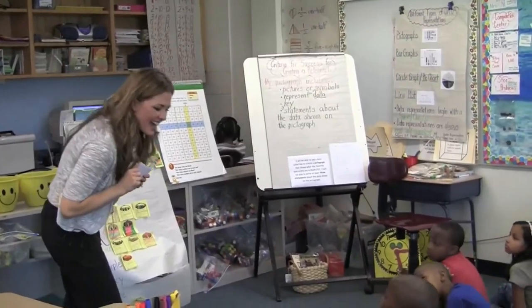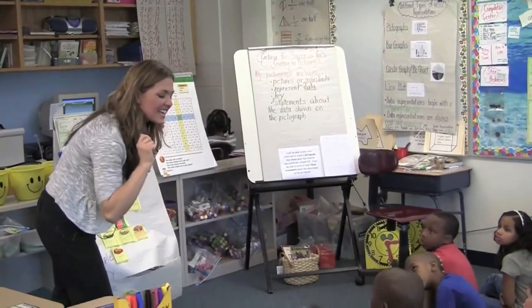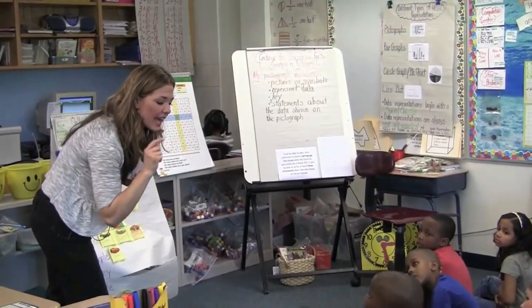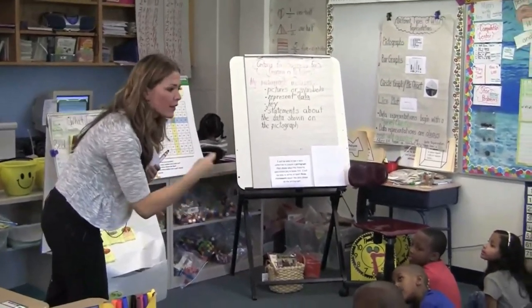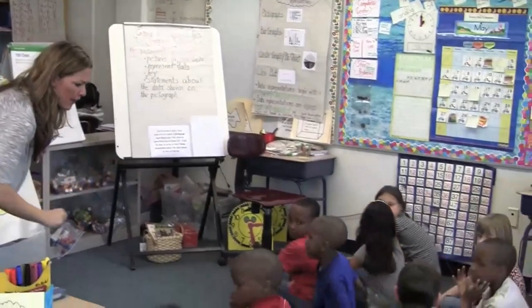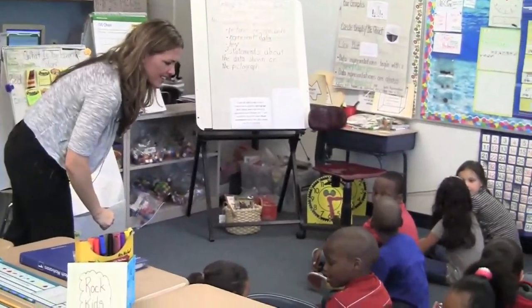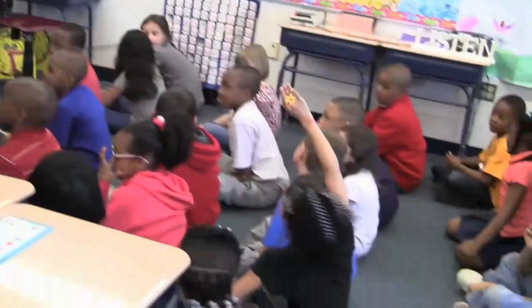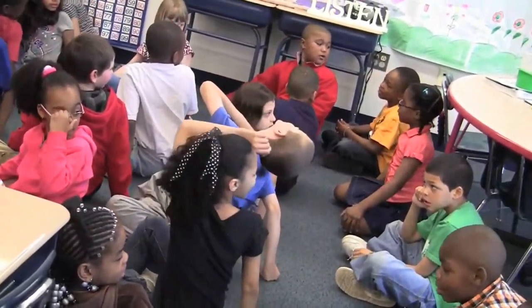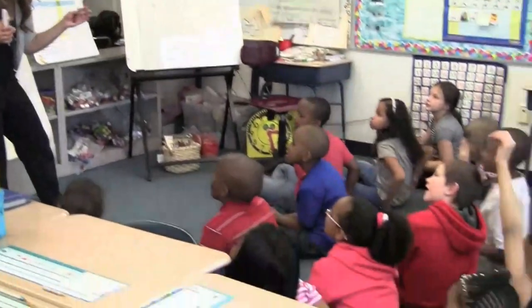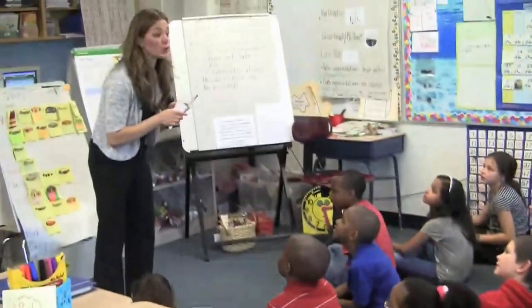Category. Say it again. Category. Look to a friend. Look in their eyes and say the word category. Look behind you. Peek at somebody behind you. Go ahead, tell them that word. Look at Mrs. Nickel. Say the word category. Category is like a group.